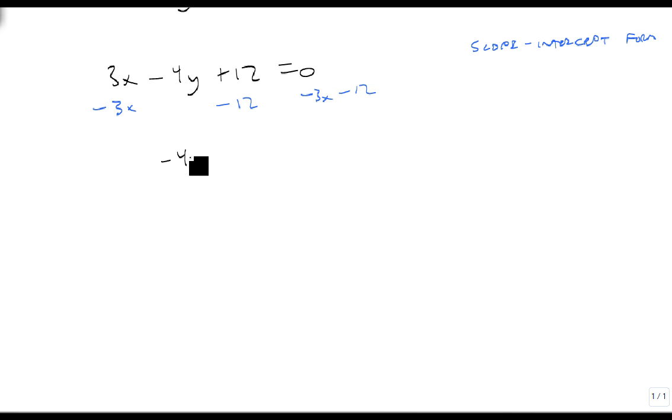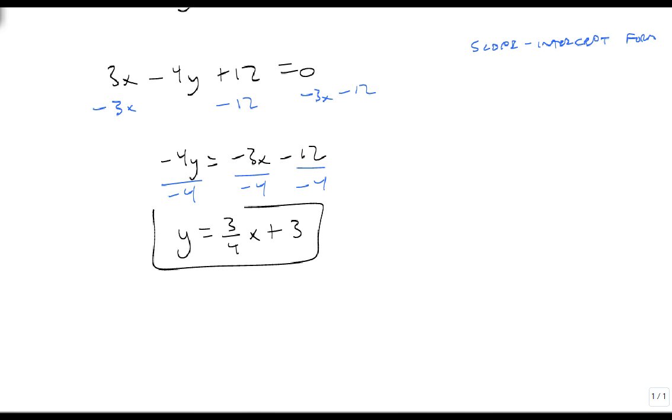That gives us minus 4y equals minus 3x minus 12. Let's divide everything by a negative 4, and a negative divided by a negative is a positive, so that gives me y equals 3/4 x minus 12 over minus 4 is plus 3, and now I'm in slope-intercept form.